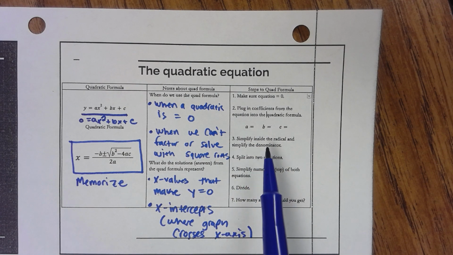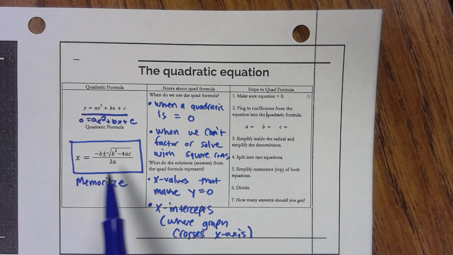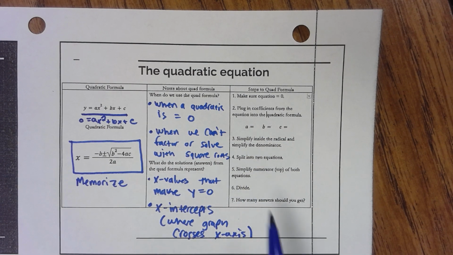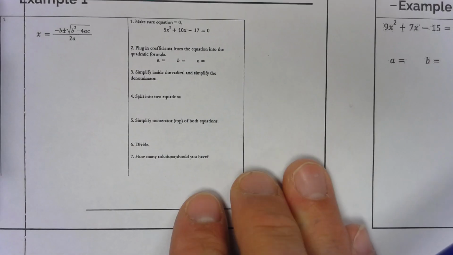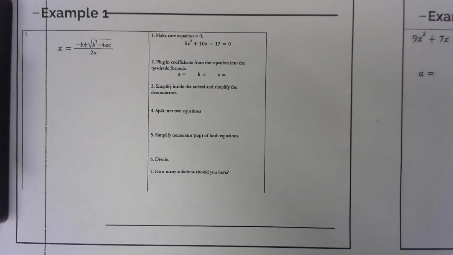Then we'll simplify inside the radical, the square root part. Simplify the denominator, the 2 times a, and then we'll split the equation into 2 and come up with our 2 answers. So there's a lot of steps here. And again, we're going to write this formula over and over since we're going to work on committing it to memory.